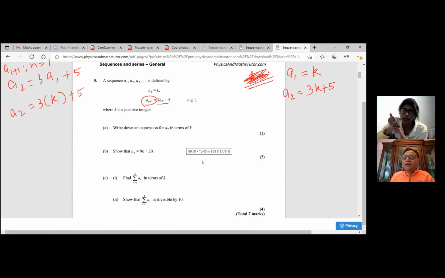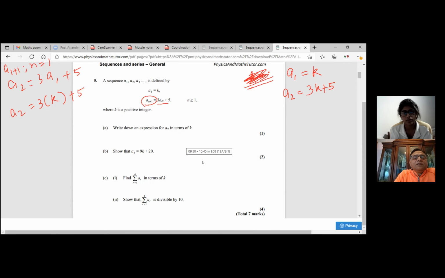Growth of bacteria, for example: the more you have, the faster they multiply. It is dependent on what exists, 3 times what exists, which is why it will be exponential. Sorry for that.